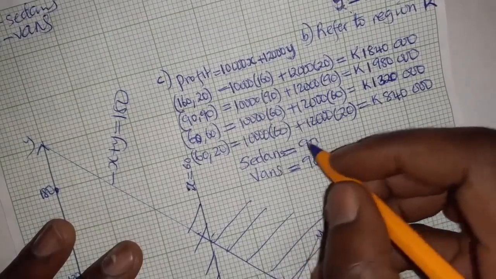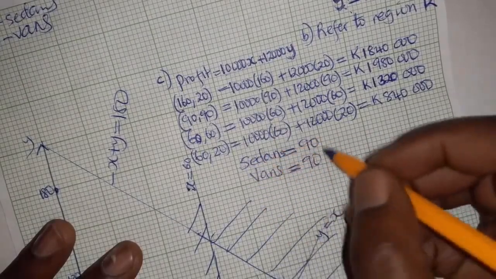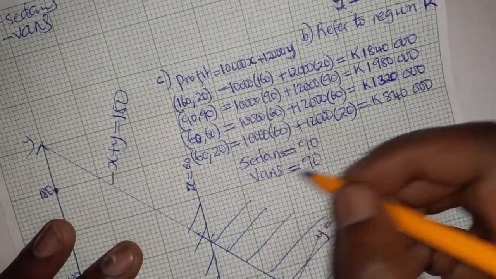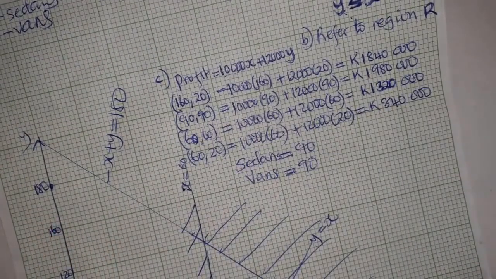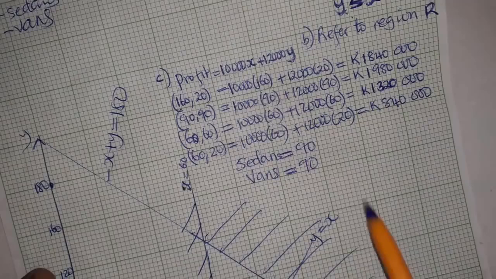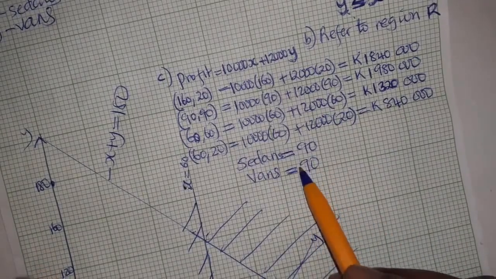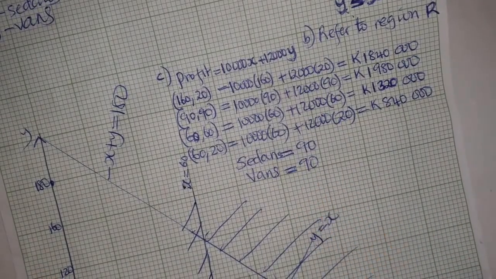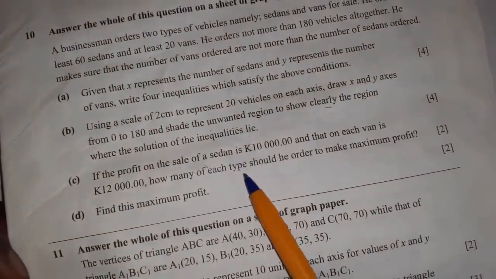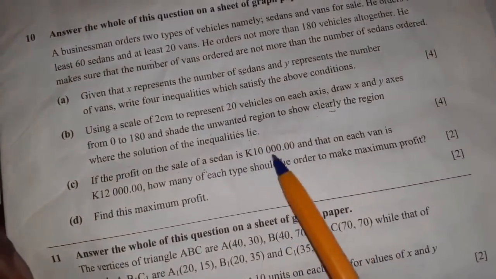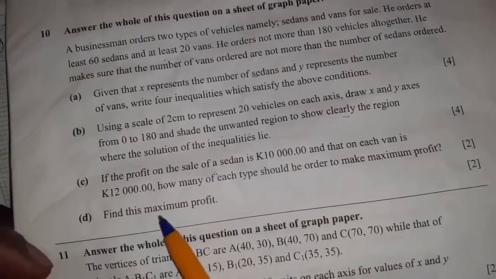This is our answer here. Because the question says how many of each type should be ordered in order to maximize profit. Take note of that. So the combination that gave us the highest amount, that's what you get.